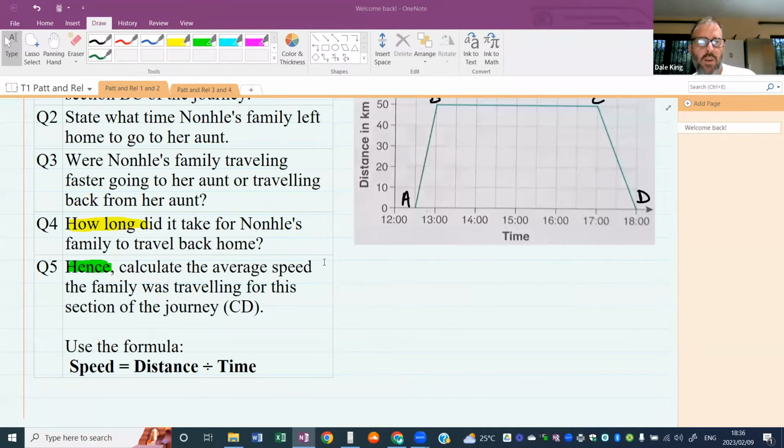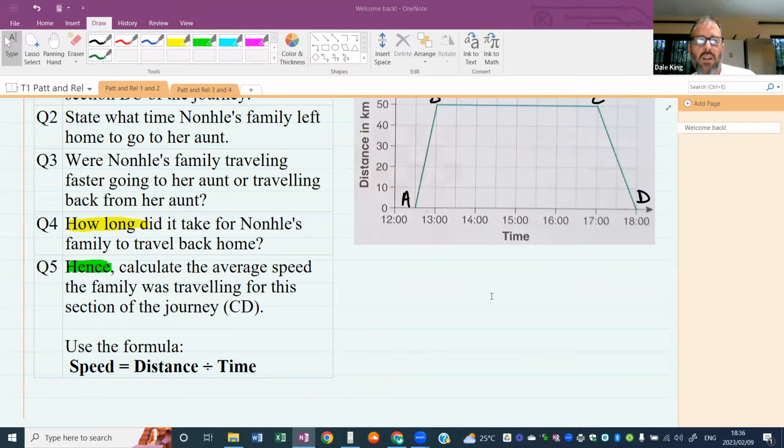Anyone want to tell me what does the word hence mean? You're going to see it sometimes in exam questions. Therefore, good. Yes, it's another word for it is therefore. Yes, therefore is a good answer.